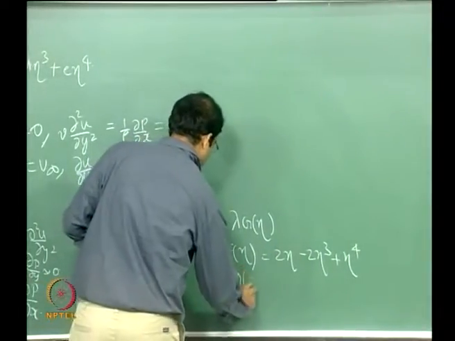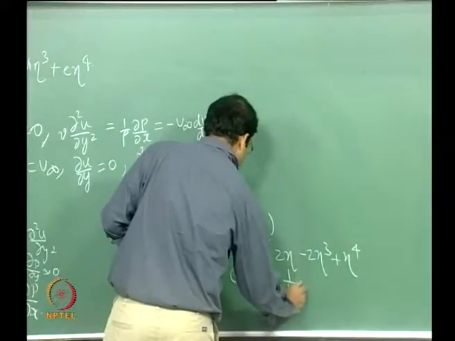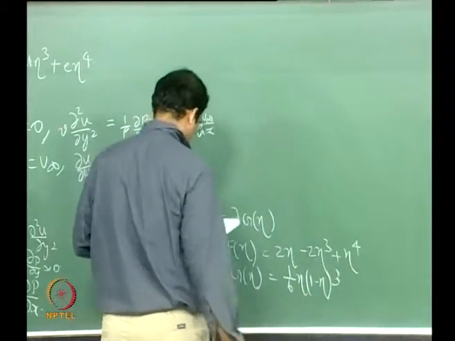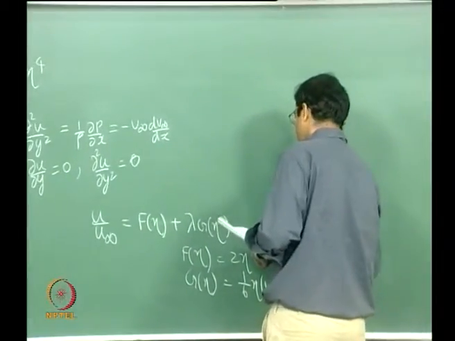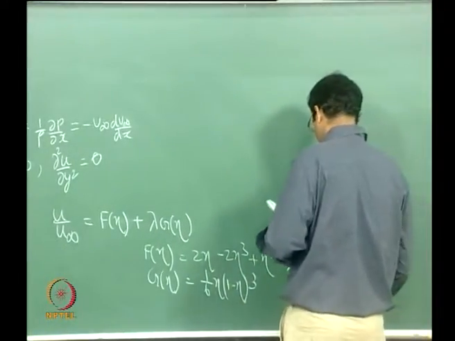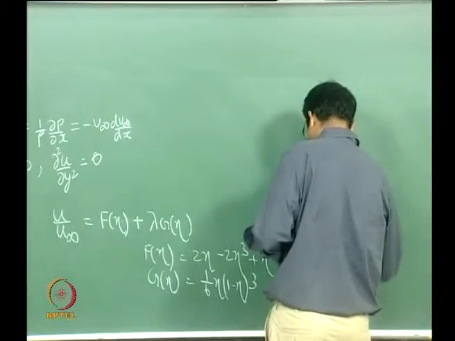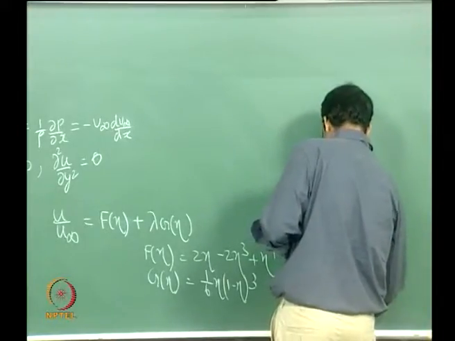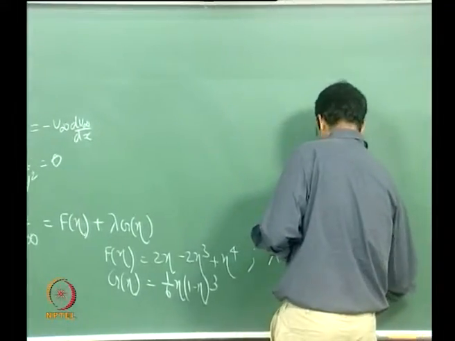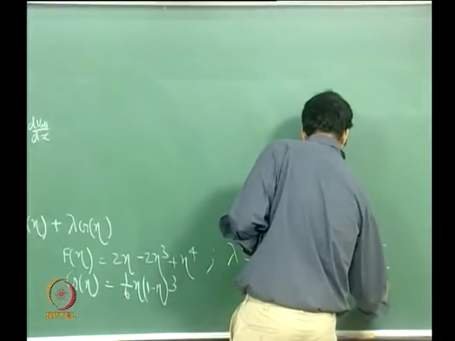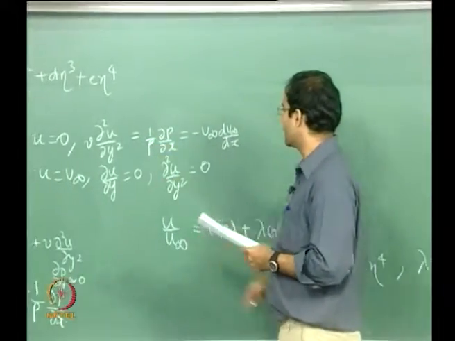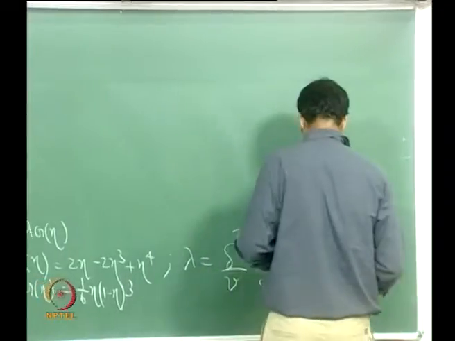Okay, g of eta is equal to 1 by 6, and finally your lambda is nothing but a non-dimensional parameter which is the ratio of the pressure force to the viscous force. It is written as del square by nu into du infinity by dx, which can also be written as minus del square by nu.